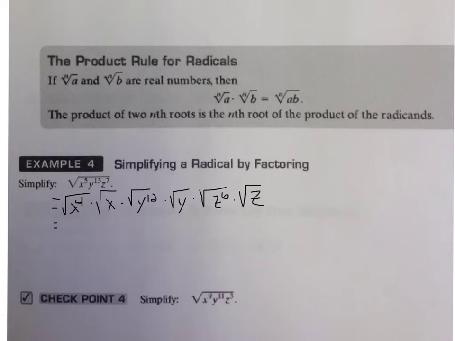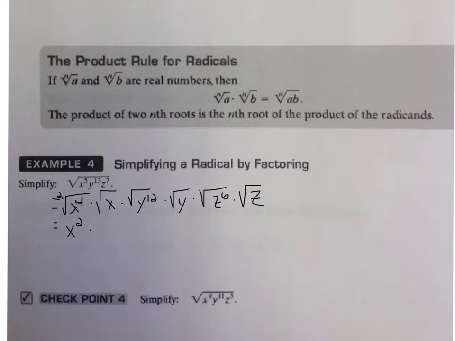Now, anything we can take the square root of, which means the even powers, we're going to do that, and we'll be left with the odd power ones, which are just x, y, and z in this problem. When you take the square root of an even power, you divide by 2, because your root is a 2. We don't write that 2 normally, but that's our root. So it's going to be x squared.